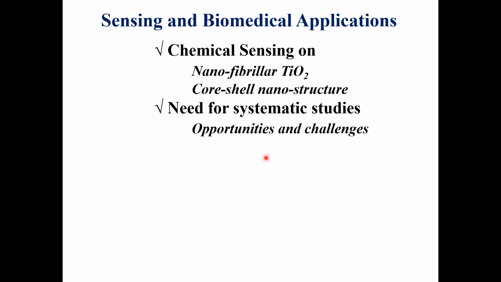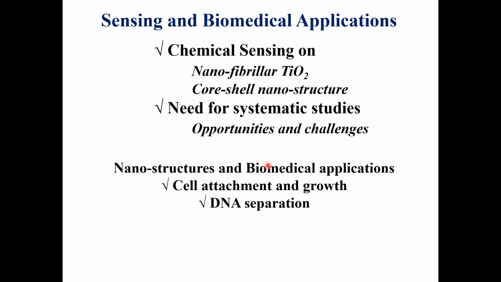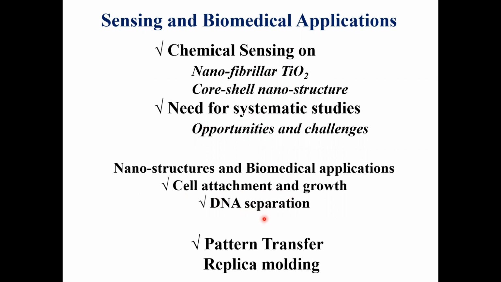And in that lecture, I'll tell you about some of the opportunities and challenges that lie in this topic. Then I'll move on to nanostructures for biomedical application, cell attachment and growth type application, DNA separation, and the pattern transfer by replica molding onto soft substrate.